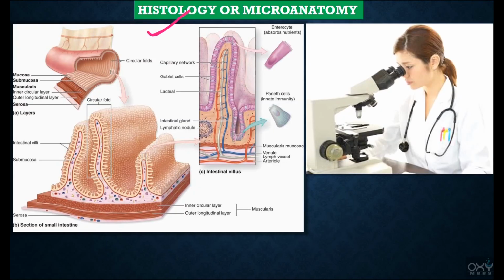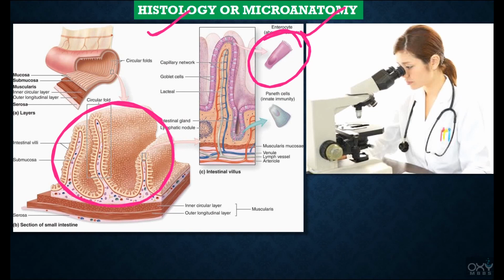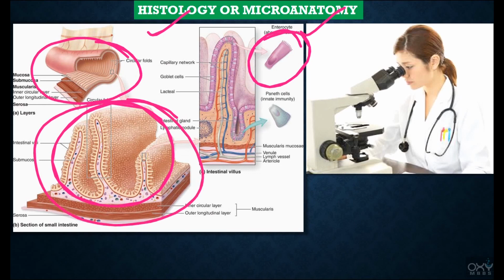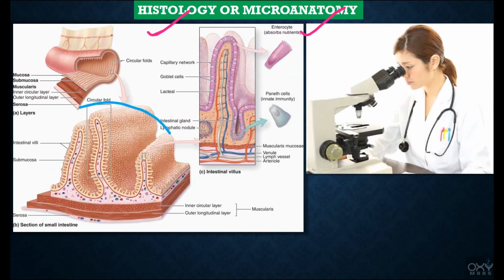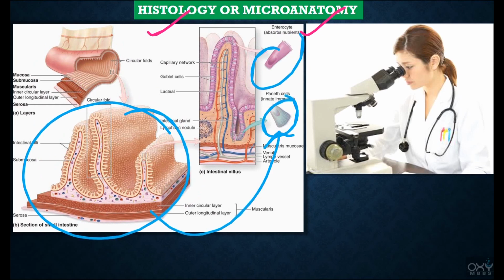Friends, under histology, that is also called microanatomy, we will study the cells and the tissues. For example friends, this is our small intestine and I have taken a piece of this small intestine from this part. And friends, this piece of small intestine has many cells which together form tissue.